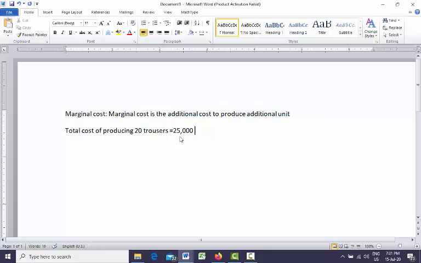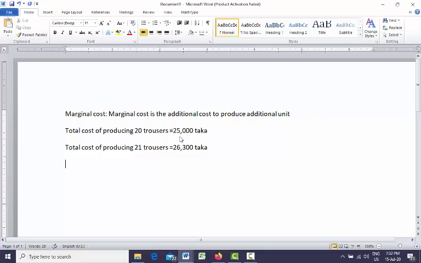Then again, the total cost of producing 21 trousers, same quality, same kind of trouser, is suppose 26,300 taka.